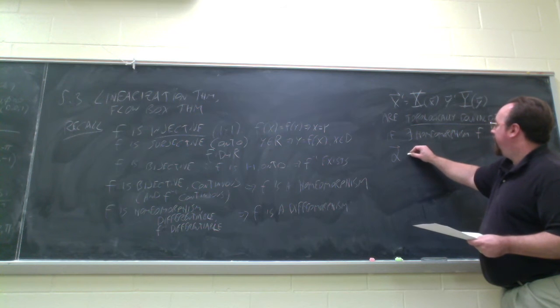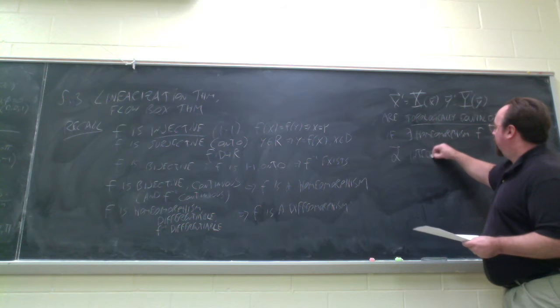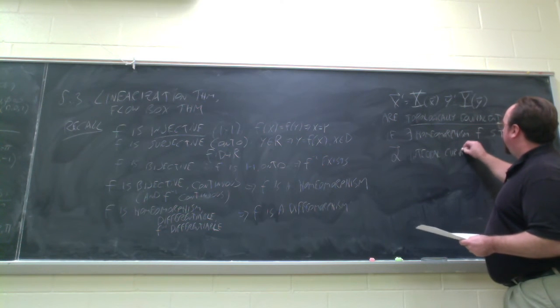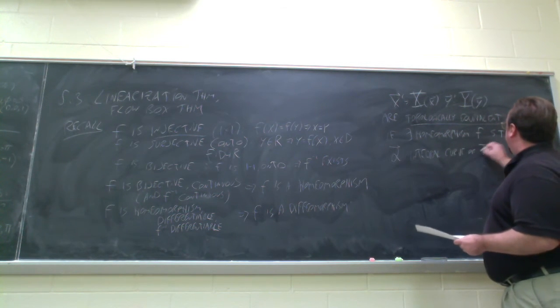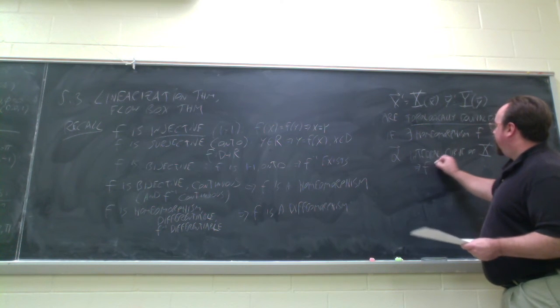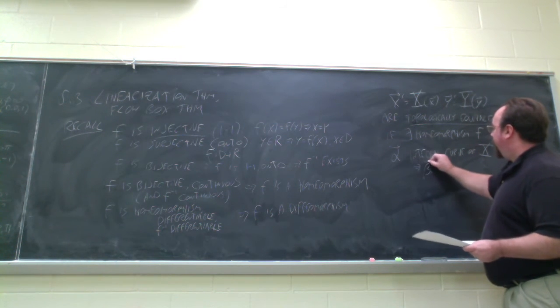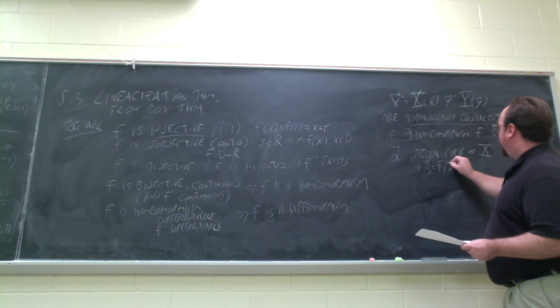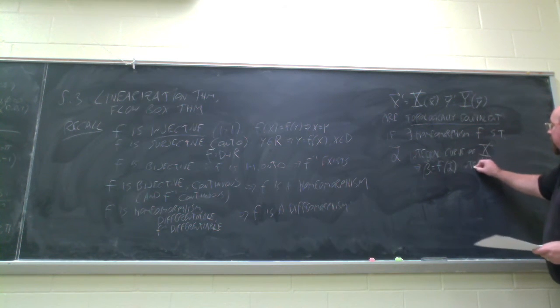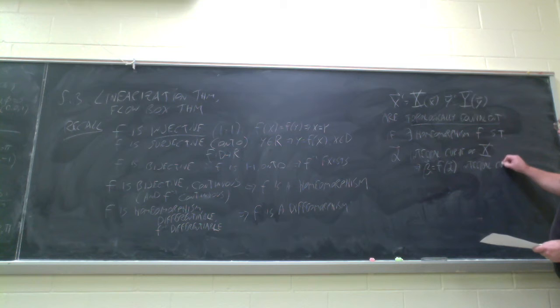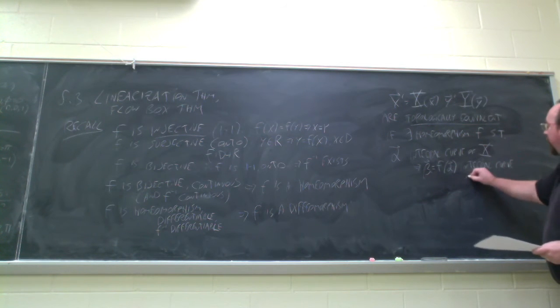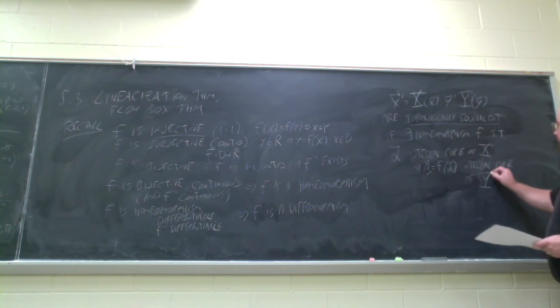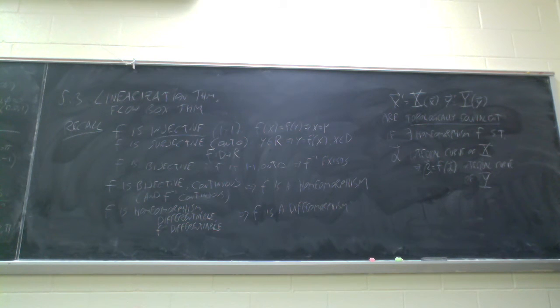That if alpha is an integral curve of x, then beta, which is f of alpha, is an integral curve of y. Okay, so it is an easy relationship between solutions of one system versus the other.